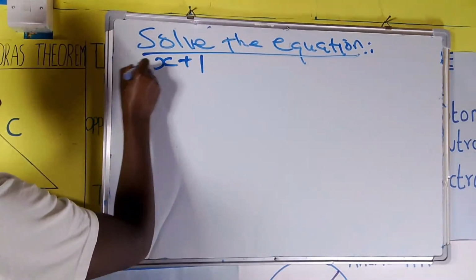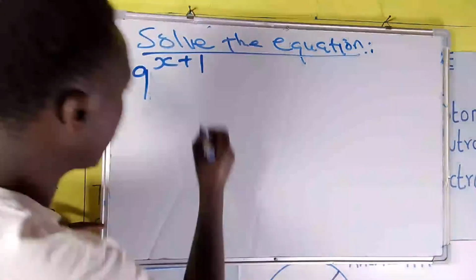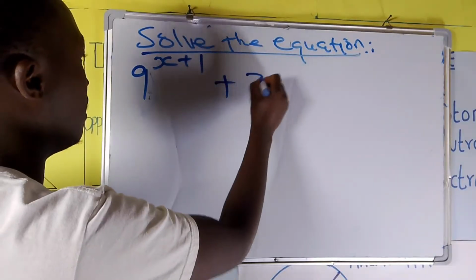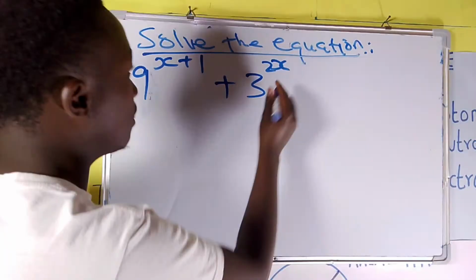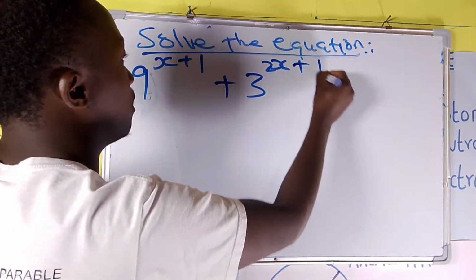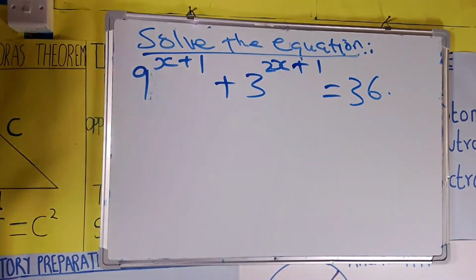Niandike 9 vizuri. 9 to power 8 plus 1. Haya. Plus 3 to power 2 8 plus 1 is equal to 36.